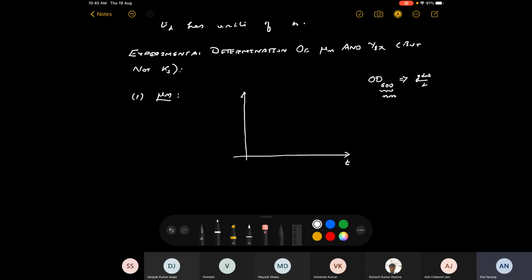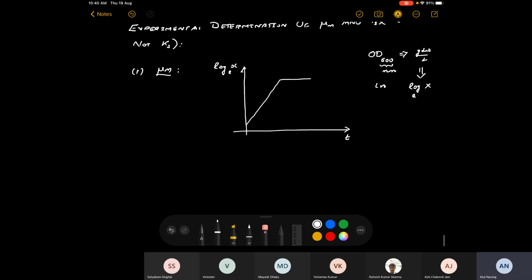So I'm assuming that you have a temporal profile, so you have some points. Now you take the log to the base e of x and plot it here. So you're plotting log x to the base e, and I just told you it should be a straight line followed by a horizontal line.